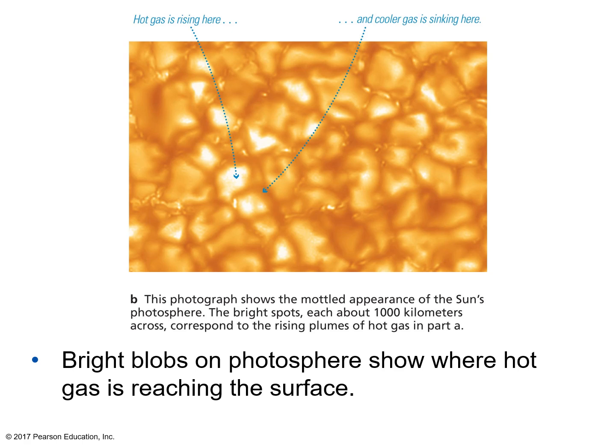Here's a picture of the surface of the sun, and the bright spot is hot gas rising, and the dark areas between the bright splotches are cooler gas sinking. The bright spots, each about 1,000 kilometers, about 600 miles across, correspond to the rising plumes of hot gas.